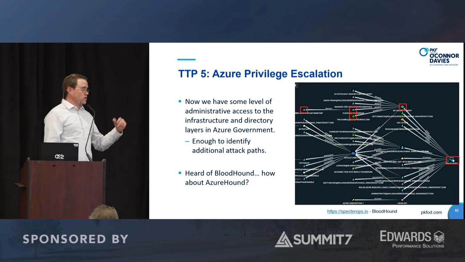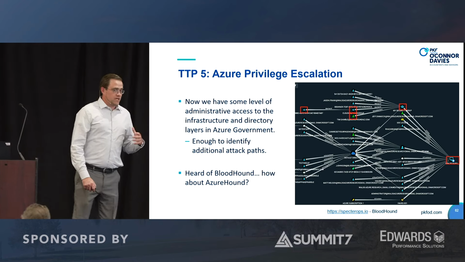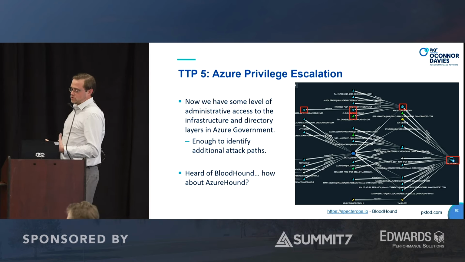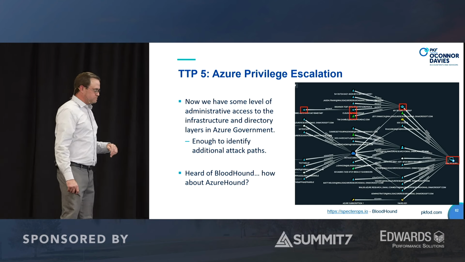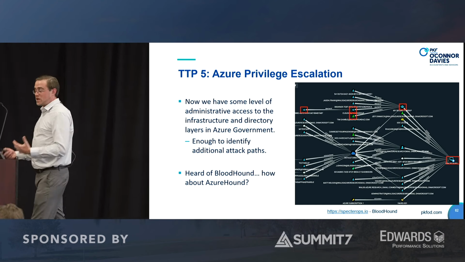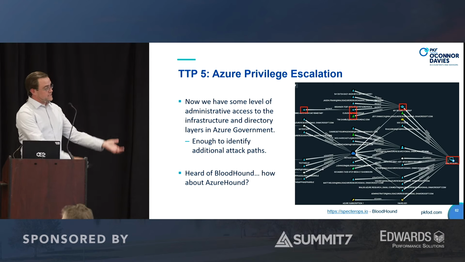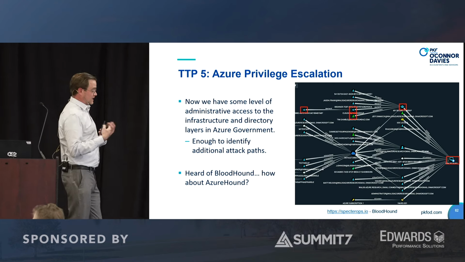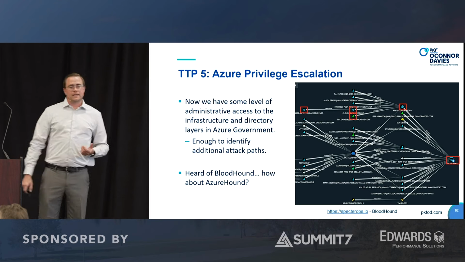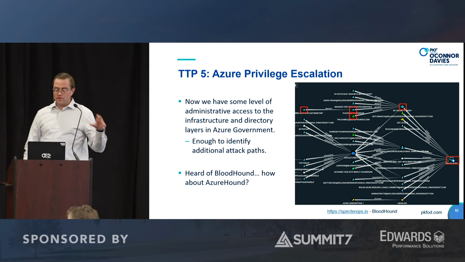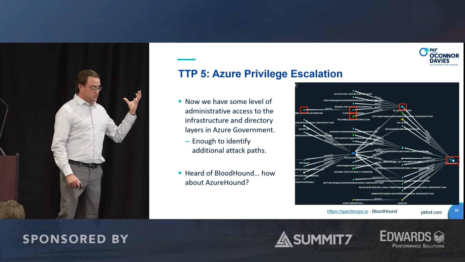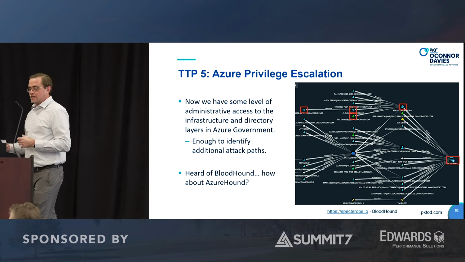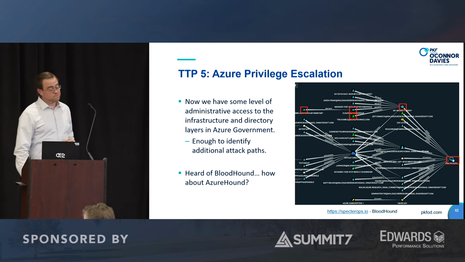You might have heard of a tool called Bloodhound. That's a very, very powerful tool developed by the guys over at SpecterOps, and that's been around for quite a long time. What it does is you feed it directory information from, in this case, local Active Directory, and it's going to take all the objects in local Active Directory and the relationships between them, and it's going to map it all out.